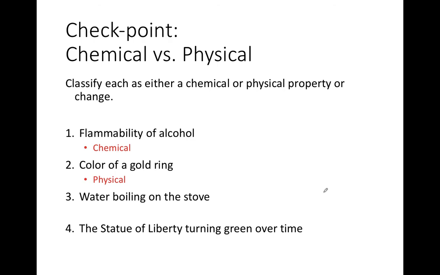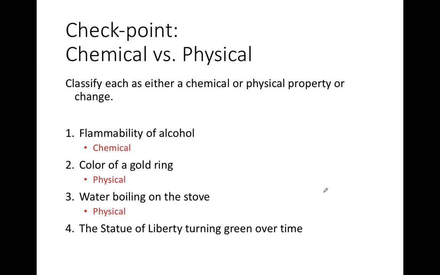If I have water boiling on the stove, water is going from a liquid form to a gaseous form. So I'm not actually changing the fact that I have water, I'm just changing how it looks. So that would be my physical change. And then lastly, the Statue of Liberty turning green over time, well, what's causing that process?